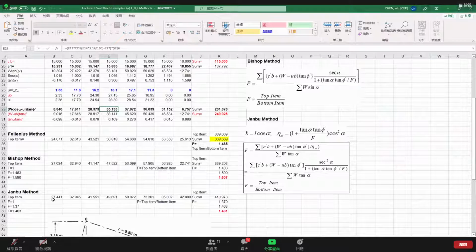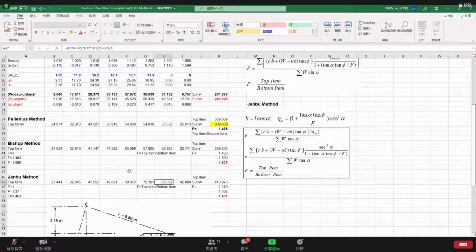For Janbu's method, the difference is here: there is a sec alpha squared, but Bishop has only sec alpha. And the bottom item, the summation of W tangent alpha, is different from the summation of W sine alpha for the Bishop method. We know alpha already, so the only difference is how to calculate the top and bottom items. Then we use the iteration method to get the final factor of safety by the Janbu method.